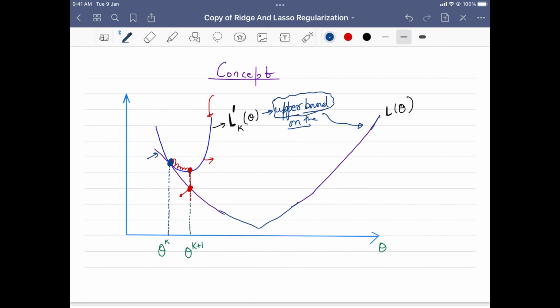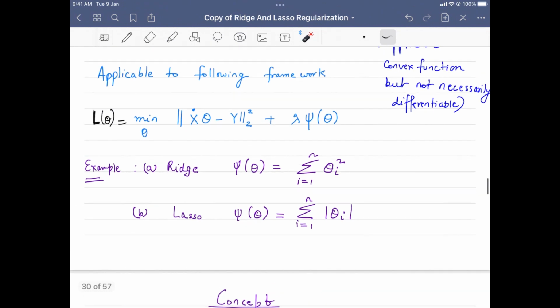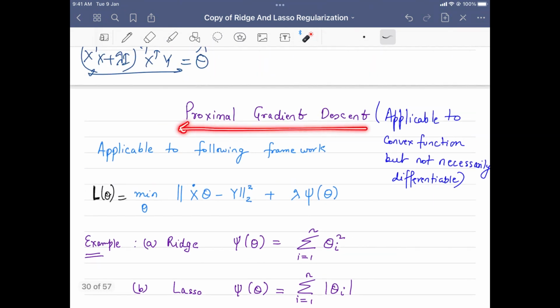So the first is that it is convex, the second is touching at this point, and the third one is upper bound. So three constraints we have to keep in mind in order to make this particular proximal gradient descent work.